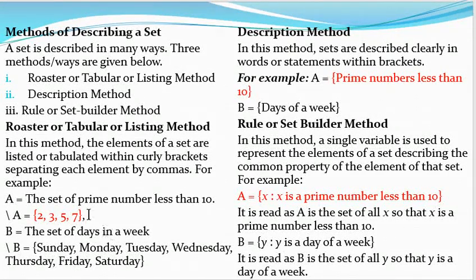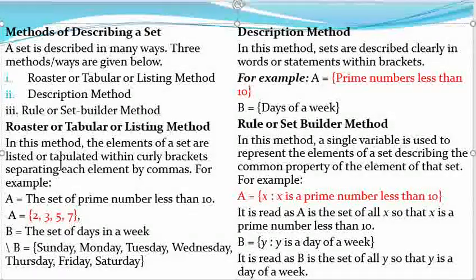Sometimes, like here, we can see an example: A equals to {2, 3, 5, 7}. 2 is a prime number, 3 is a prime number, 5 is a prime number, 7 is also a prime number. So in a roster or tabular or listing method, we list out the elements.